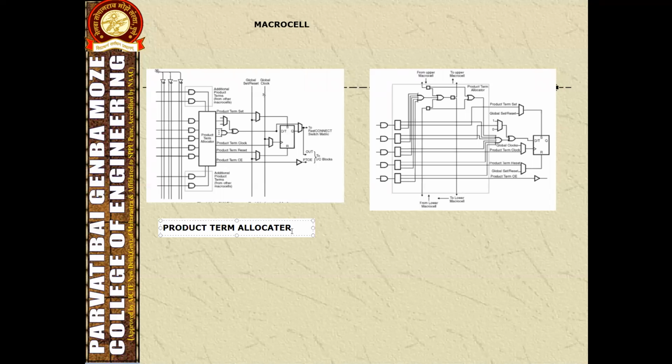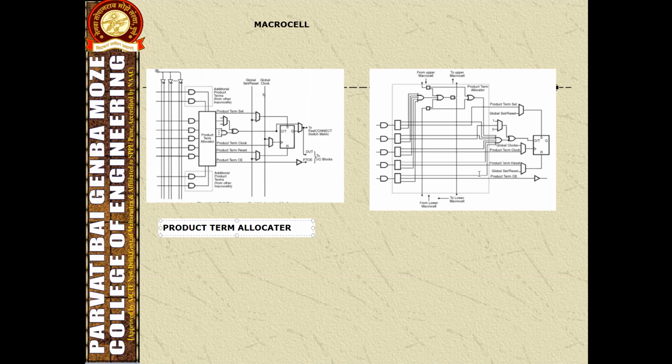The product term allocator. This figure shows the product term allocator logic, which is a rectangular box containing programmable elements, and the trapezoidal boxes are the programmable multiplexers.